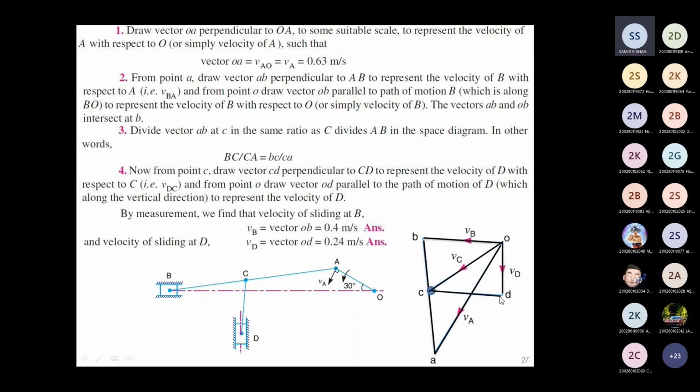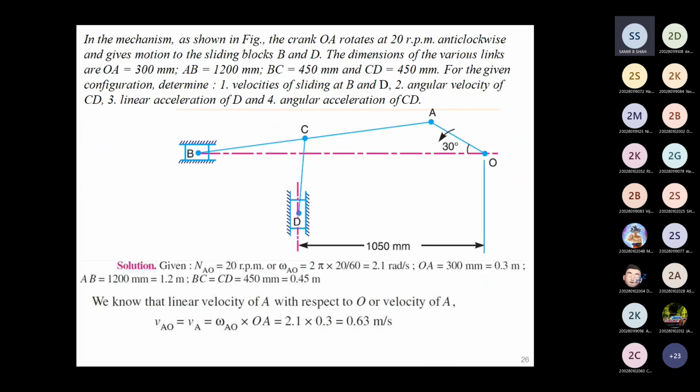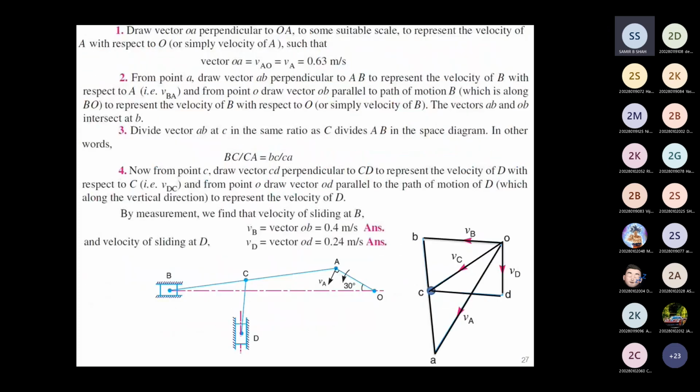So it may intersect at D. Based on that, we find the value of all the parts: velocity of B, velocity of D, velocity of A, and velocity of OA.